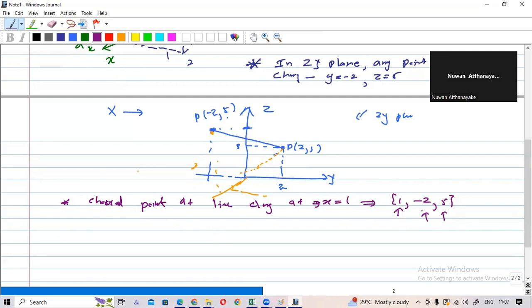In the same manner, the given point is P (1, 2, 3).